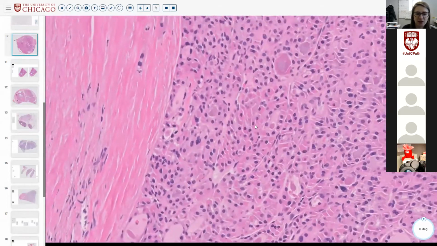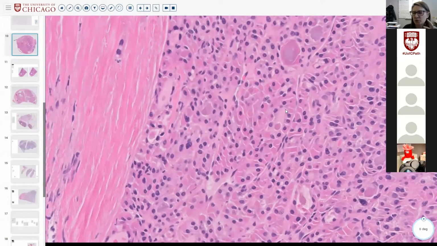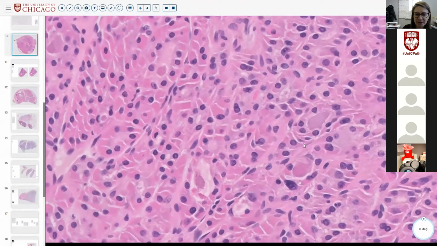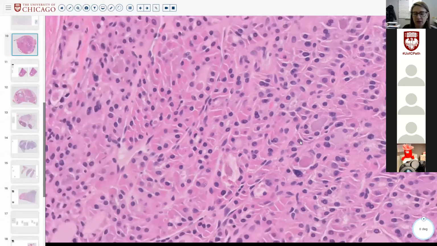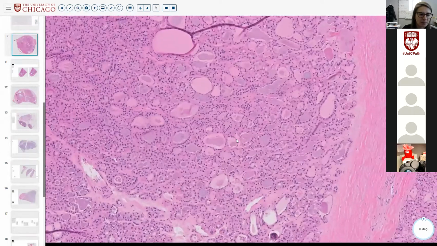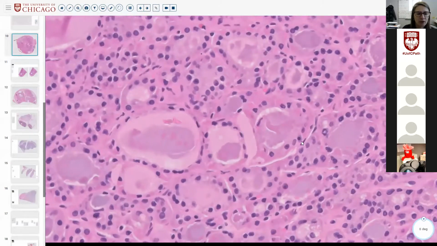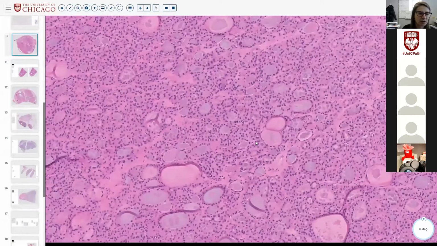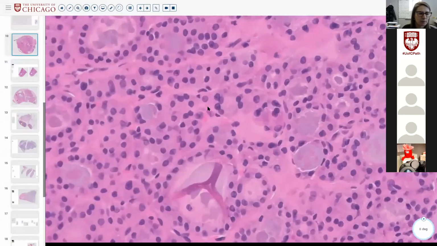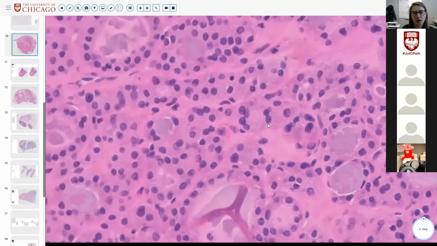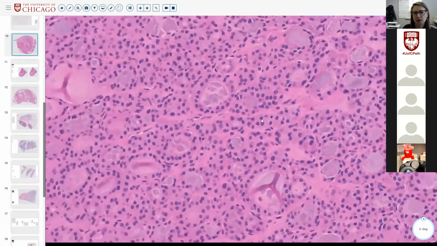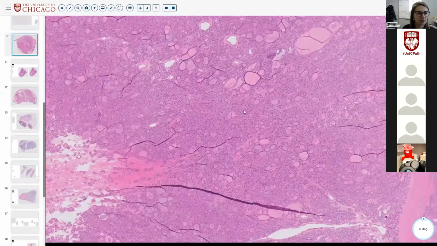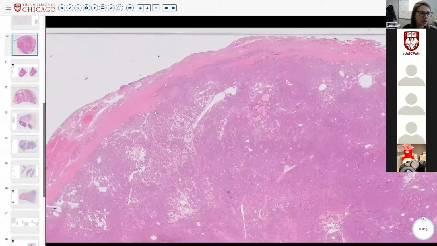And in fact, in this case, you see a lot of that really bright pink cytoplasm. And maybe the nucleoli here aren't quite as prominent as we saw in the other case, but they're occasionally there. So you may want to render this as a Hürthle cell carcinoma, or follicular carcinoma, Hürthle cell variant, whatever terminology you take. But yes, I agree, I think there's enough diffuse oncocytic change here that Hürthle cell carcinoma is probably a good answer.